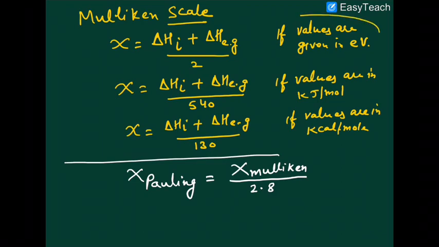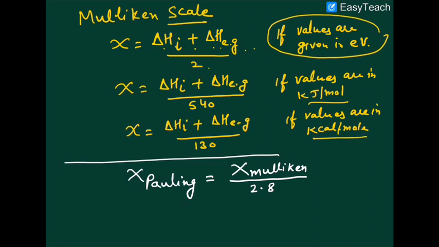If the values are given in electron volt, you will use the formula: ionization enthalpy of the element in electron volt plus electron gain enthalpy in electron volt, divided by 2. If the values are given in kilojoule, you will write ionization enthalpy in kilojoule plus electron gain enthalpy in kilojoule, divided by 540.